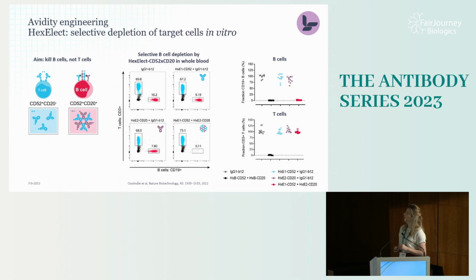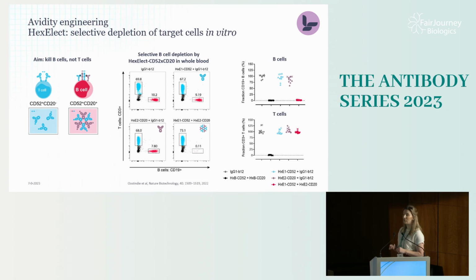So then, of course, our aim was to show selective depletion of a particular cell subset within a mixture. And for that, we took a model system, which was actually antibodies generated towards CD20 and CD52. CD20, as you all know, is exclusively expressed on B cells, so this is really a stringent, strict, selective target.